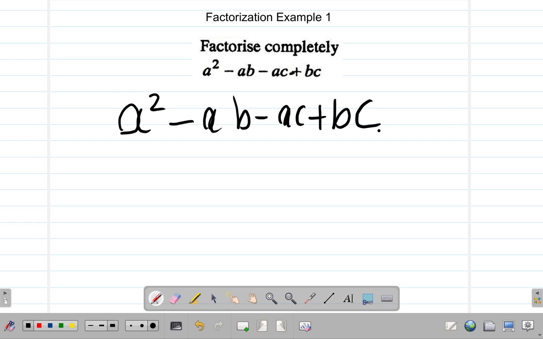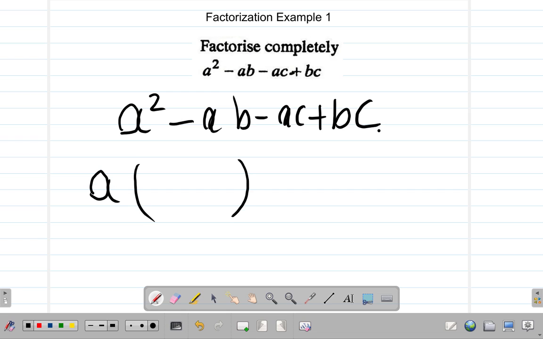Notice what you have here is a common factor. A is a common factor. C is a common factor here. So what you're going to do is take the common factor A outside the bracket.